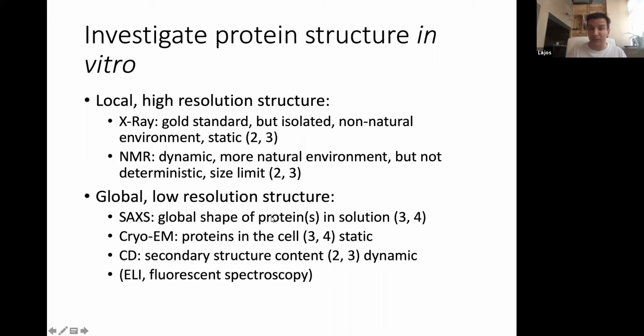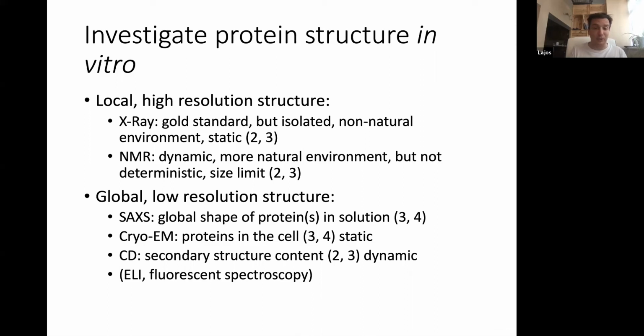A very big downside or con for the NMR is the size limit. As I told you, with the X-ray, even a ribosome can be crystallized, but crystallizing a few hundred amino acid domain is perfectly okay.